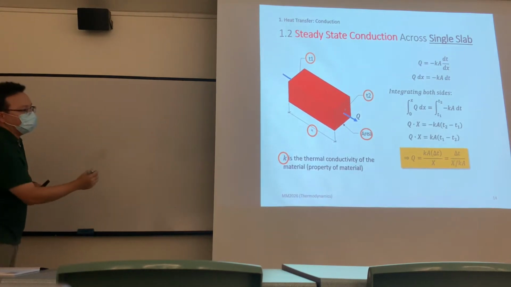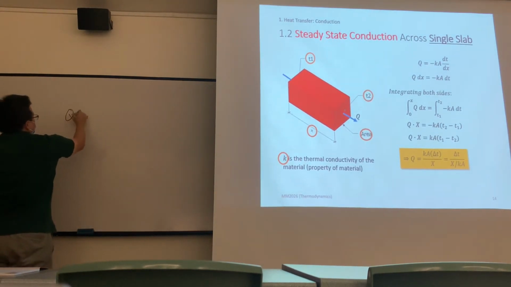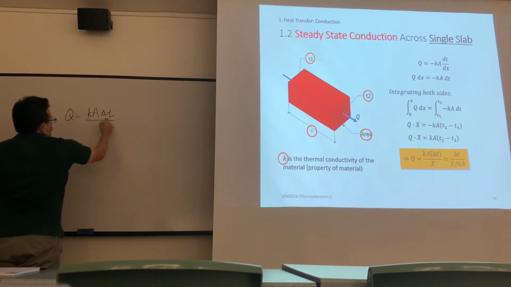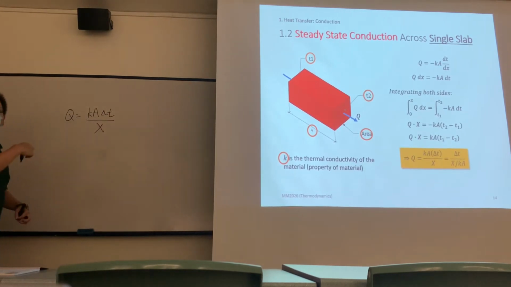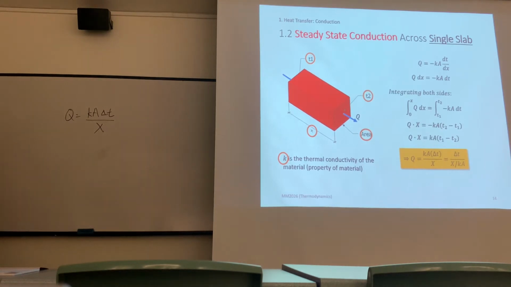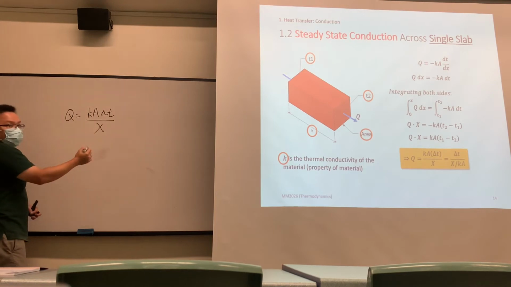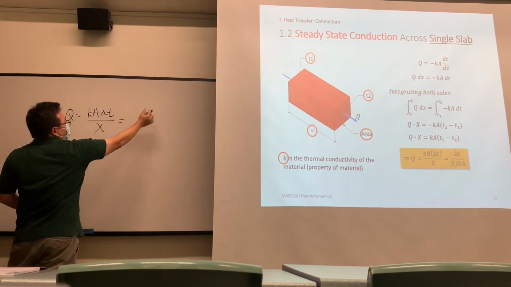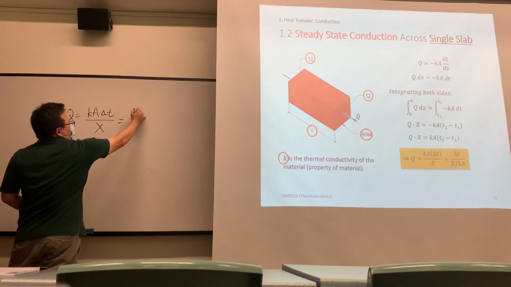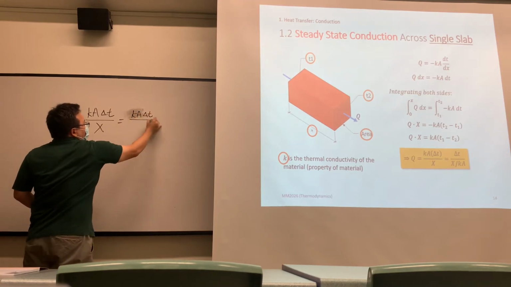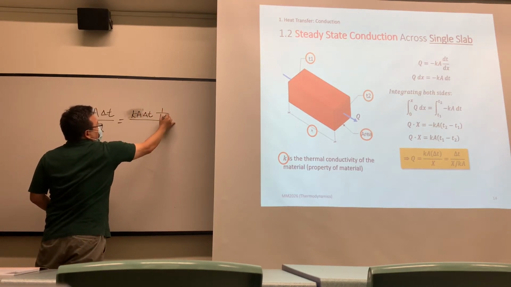What you have here is Q equals Ka delta T over X, which is the original one. What I do next is multiply both sides by 1 over Ka.